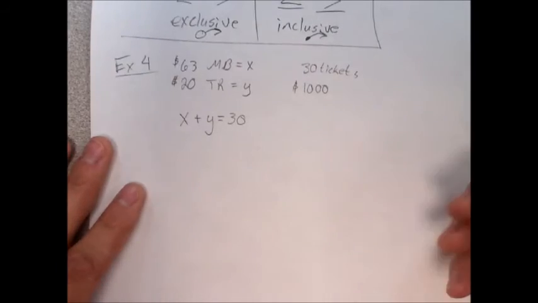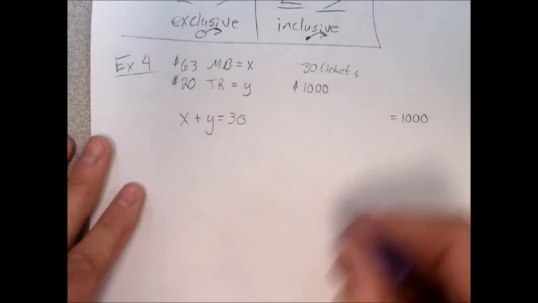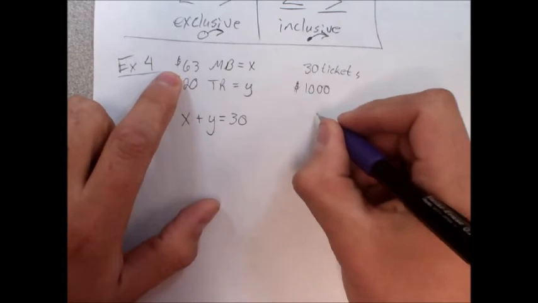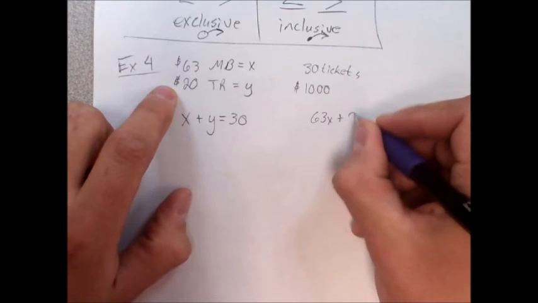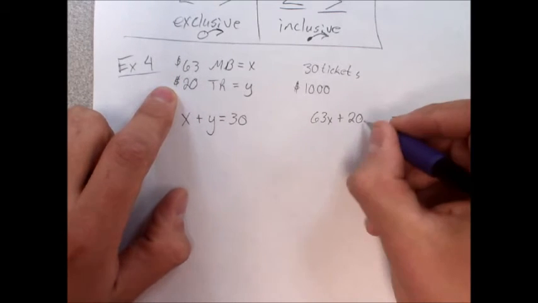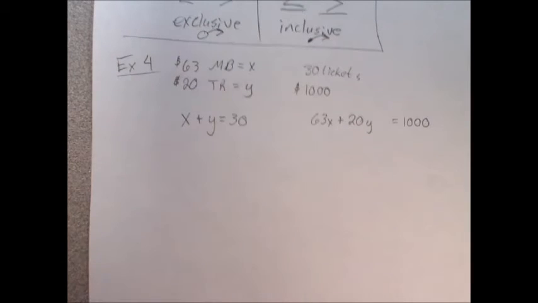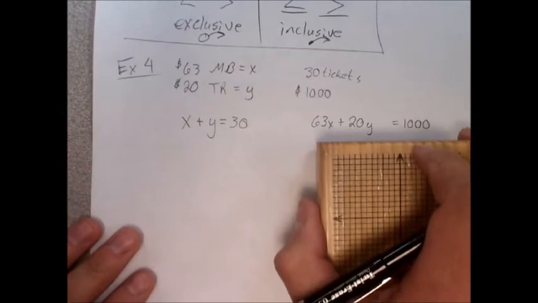My equation 2 is going to end up being equal to 1,000 because I'm going to buy $1,000 worth of tickets. So my main box tickets cost $63 per ticket, plus my tier tickets are going to cost $20 per ticket. So there are my two equations. Now these ones I would personally rather graph by their intercepts, but again, that's up to you. Okay?